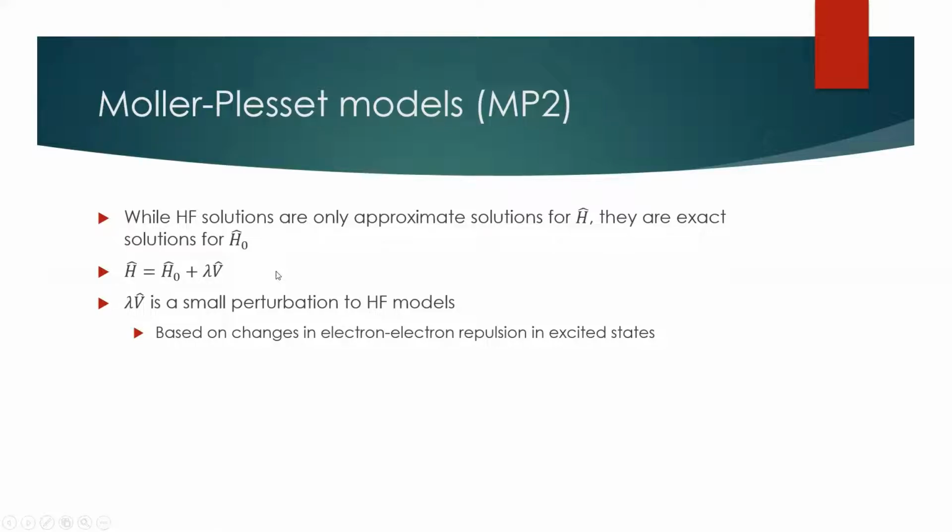And that's what this lambda V term is here. It's a small perturbation to the Hartree-Fock models to get to the real energy. And this is based on changes in the electron-electron repulsion in the excited states specifically.